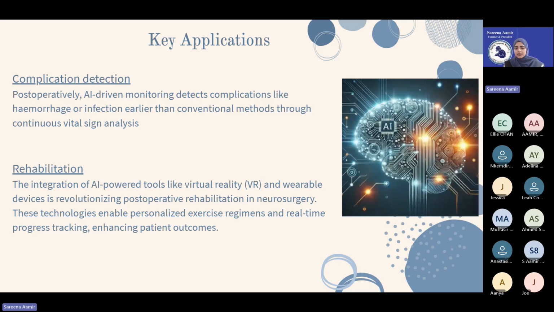And so using AI technology can help with that rehabilitation, because patients do require physiotherapy, cognitive and behavioral therapy, and speech therapy, depending on where in the brain the surgeon operated. Using AI with that can help with personalized exercise regimens and real-time progress tracking, which can enhance patient outcomes again.